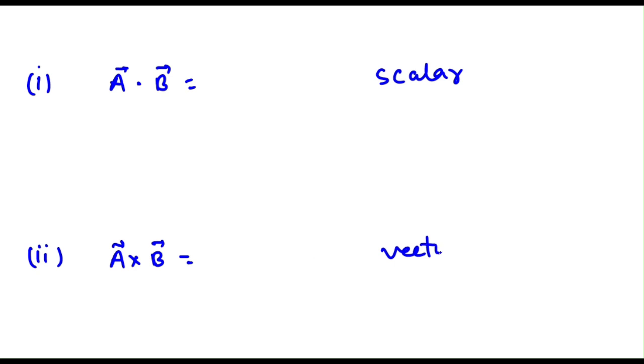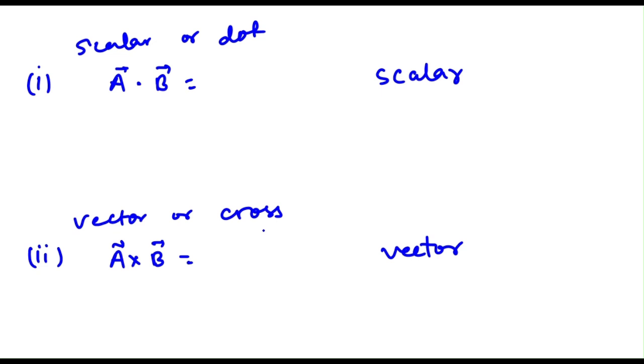Based on the result obtained, we can say whether it is a scalar product or dot product, or a vector product or cross product. In this particular video we will focus on the scalar product or dot product. The vector product we are going to discuss in the next chapter.